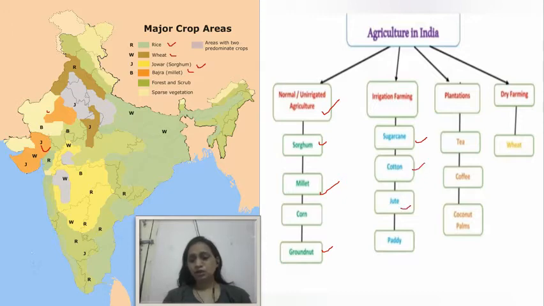Okay, then plantations means crops which can be grown in the type of a garden, that is called plantation. Then it comes tea, coffee, coconut. Okay, and dry farming includes wheat. So one by one we will see all these four types, and we will also see some of the crops in that.